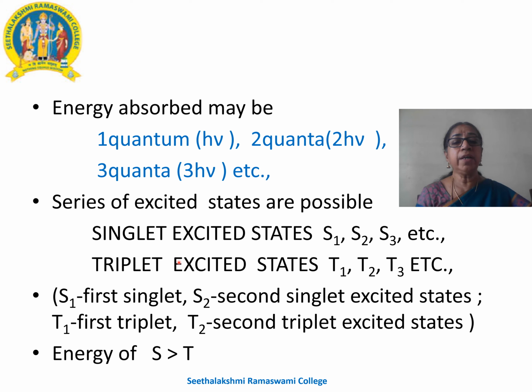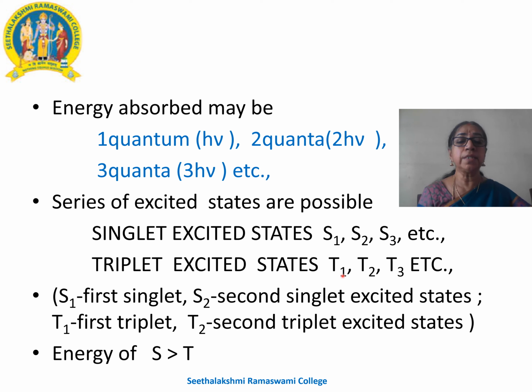That is, we have a series of singlet excited states and a series of triplet excited states. The series of singlet states are represented as S1, S2, S3 and triplet states as T1, T2, T3. S1 is called first singlet excited state, S2 second singlet excited state, S3 third singlet excited state, and so on.